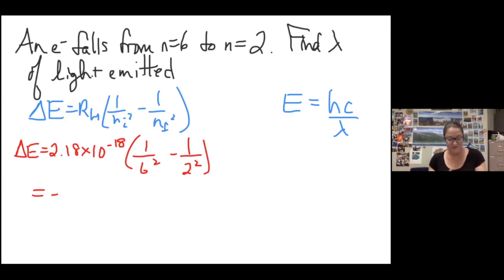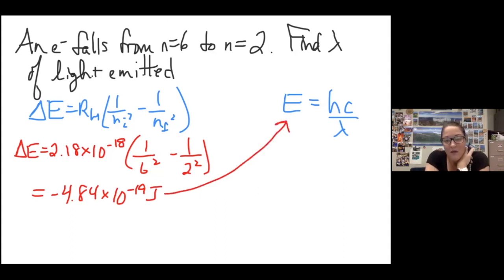That answer times 2.18 times 10 to the negative 18th joules gives me negative 4.84 times 10 to the negative 19th joules, or 4.84 times 10 to the negative 19th joules are released. When I plug energy in here, I'm going to plug in the absolute value of it. Otherwise, I'm going to get a negative wavelength, and negative wavelengths aren't a thing and don't make any sense.